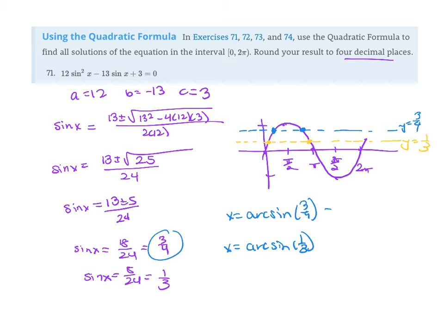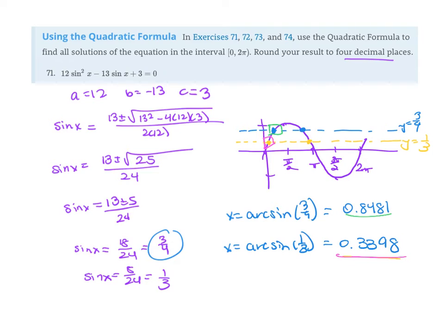So arc sine of 3/4, you will get 0.8481, and arc sine of 1/3, you will get 0.3398. So that is that point right here, 0.3398. And then we have our 0.8481. That is that point there.